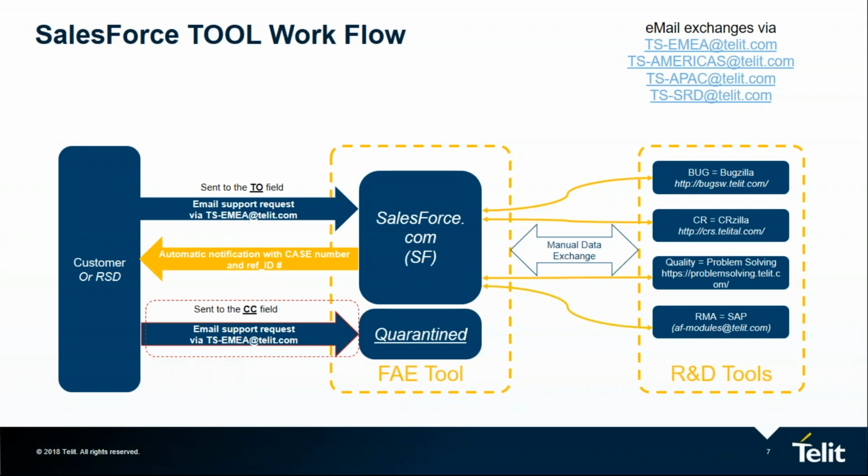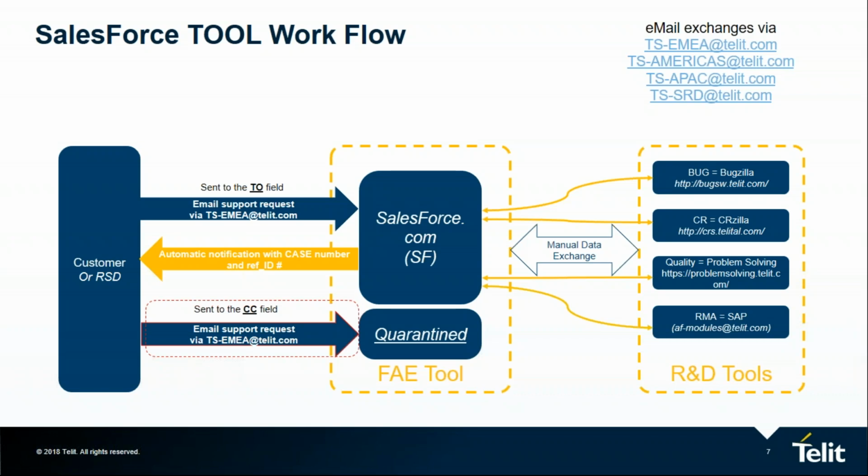This is because we think that if you send a support request, you always put the email address in the to field. If it is put in the CC, it is because someone else, not the support, should do the activity or reply to you on this specific request. This will allow us also to not spam you with automatic notifications, and will allow us to handle correctly all the escalation rules in case of tickets that do not need to be escalated.